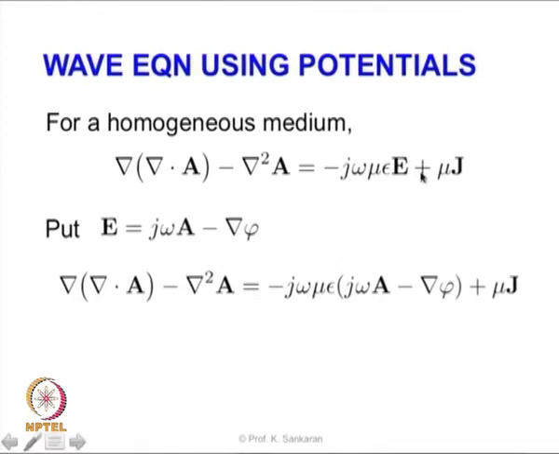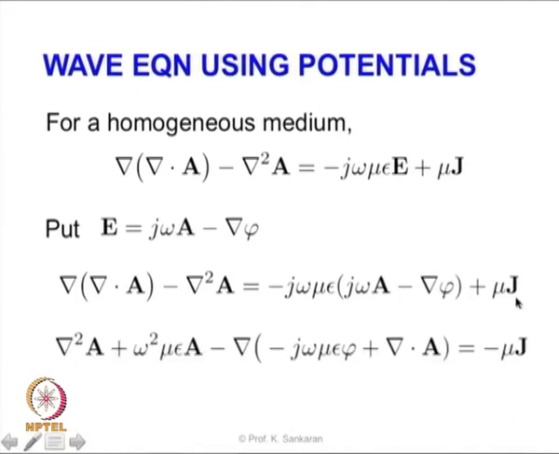So I am going to substitute the value for E here and get an expression for the curl of curl of A. I am expanding it using the vector identity, which is the gradient of divergence of A minus the Laplacian of A, is equal to minus j omega mu epsilon multiplied by minus j omega A minus gradient of phi, which is the value of E, plus mu j.